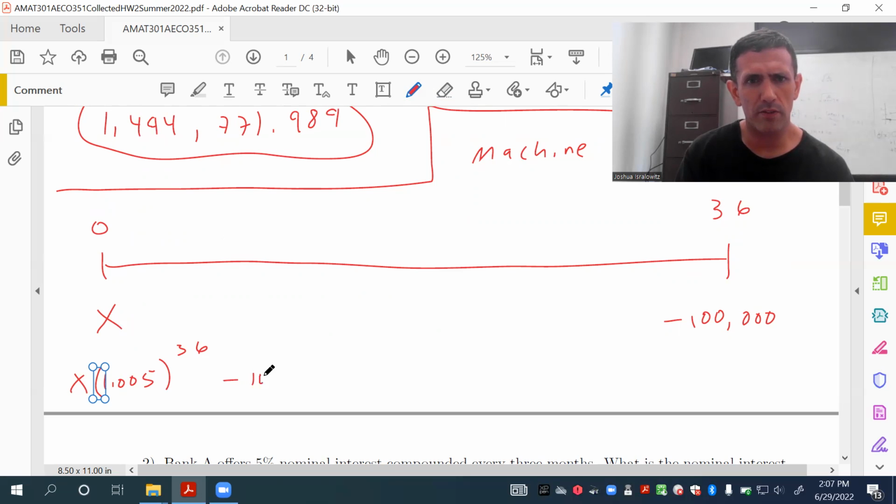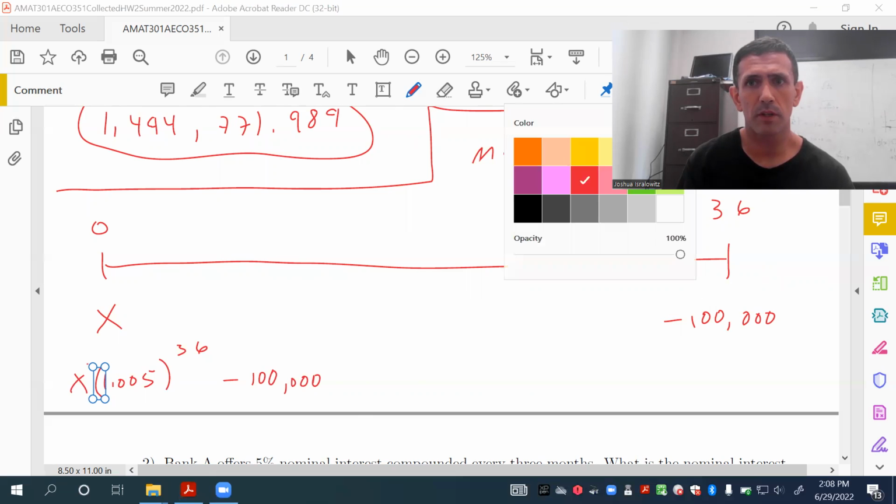Well, $100,000 is $100,000 at 36 if we're getting it back at 36 months, 3 years. So we get $100,000 at t equals 36. It's worth $100,000 at t equals 36. Okay, so this is the machine costs here.